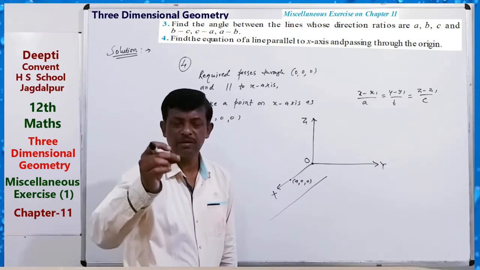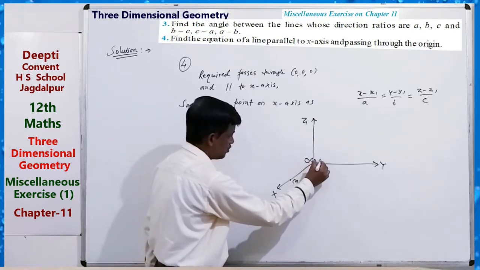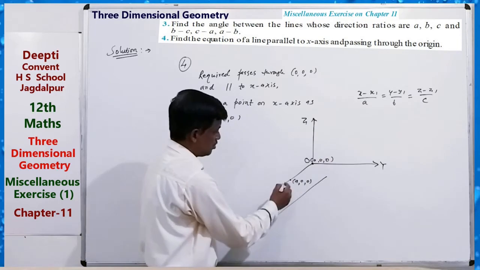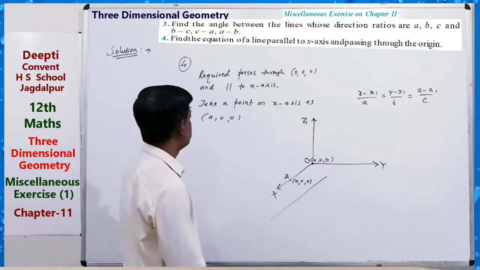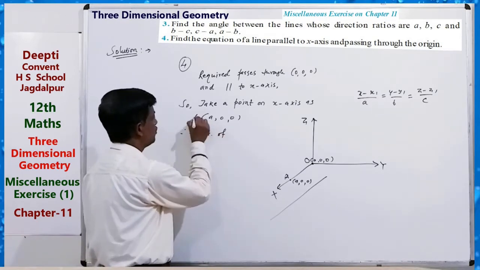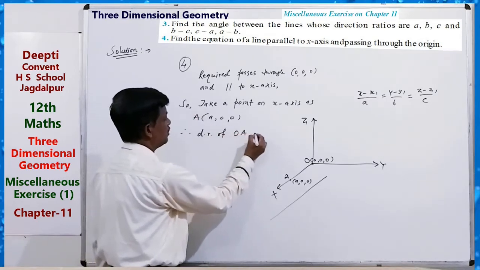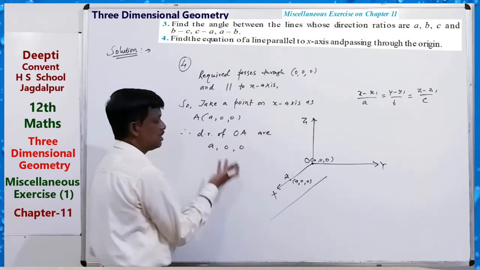This is a point on the x-axis. Now the direction ratios of OA, that is the required line, are A, 0, 0. These are the direction ratios.